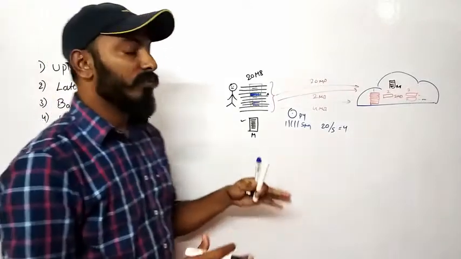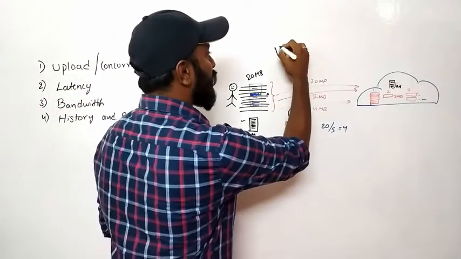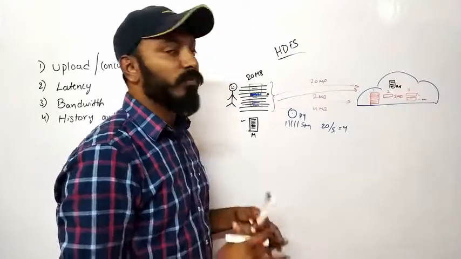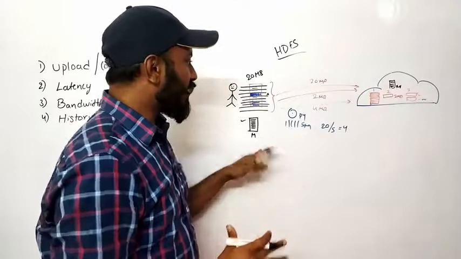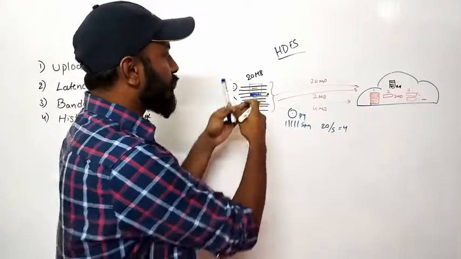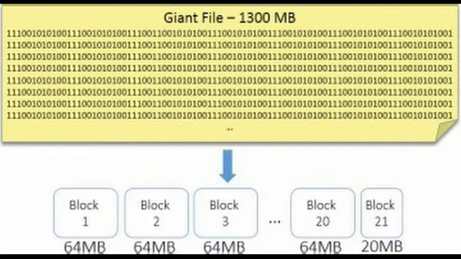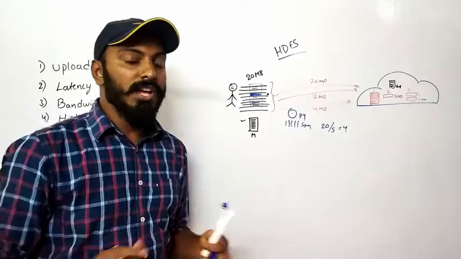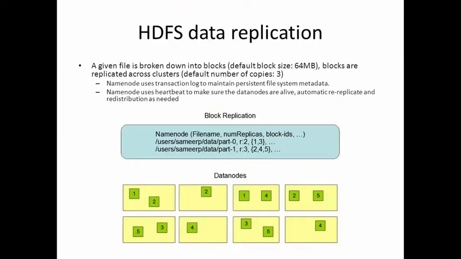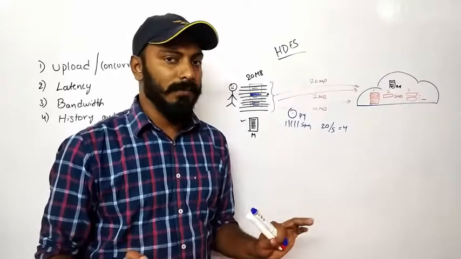One such service is HDFS, right? Even HDFS deals with gigabytes or petabytes of files, and it does the same thing. It divides the file into 64 MB chunks, and it distributes the file across different machines so that it can give a backup and save the duplicate copy of the file easily.